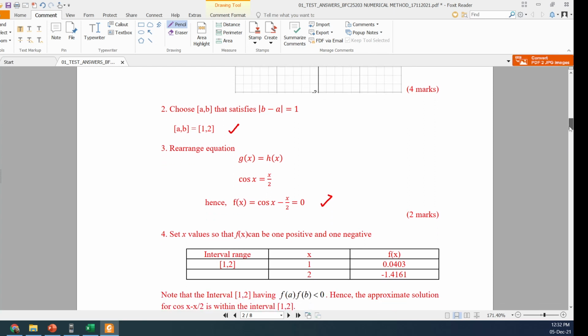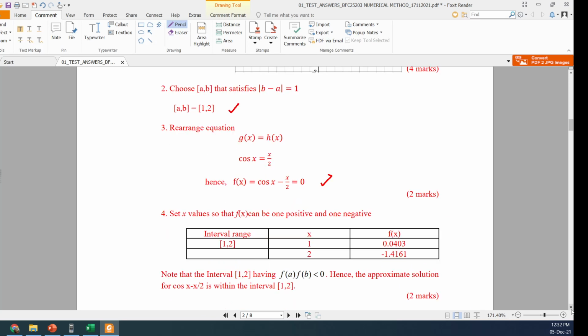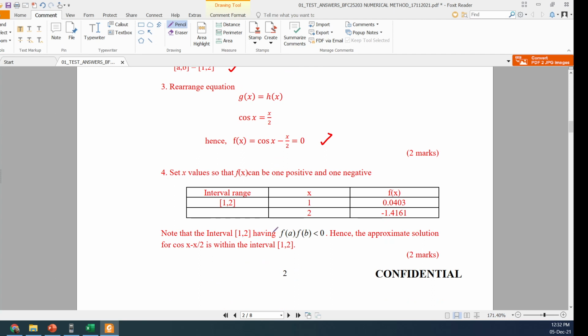And then, using the intermediate value theorem, this is your f(x). Then you just find f(1). F(1) you have positive 0.0403. F(2) negative 1.4161. According to the intermediate value theorem, f(1) positive, f(2) negative. When you multiply positive by negative, the result is negative, so less than 0.